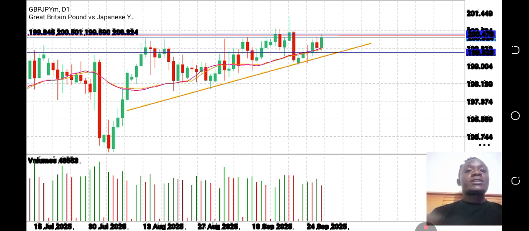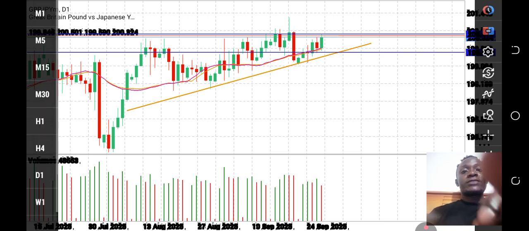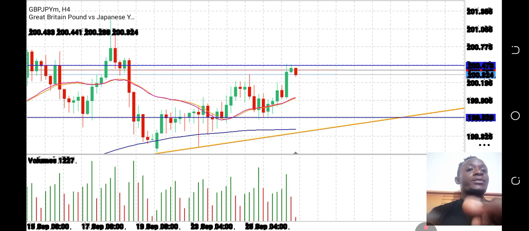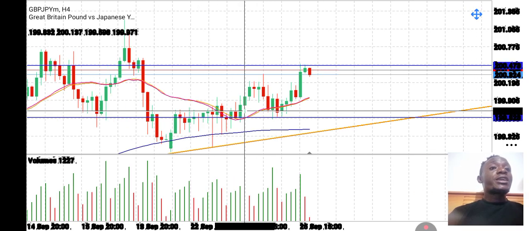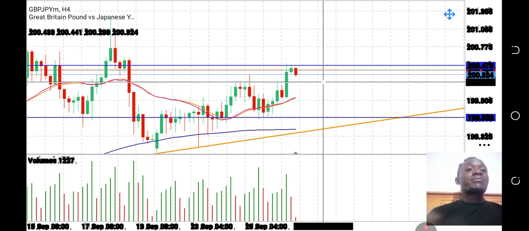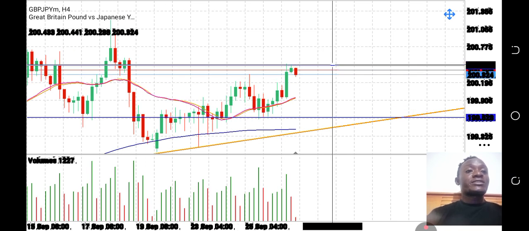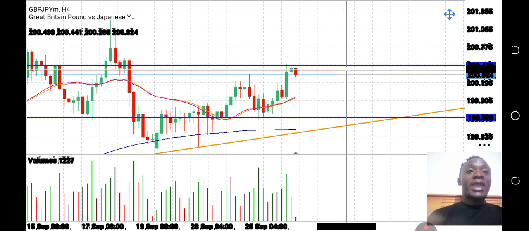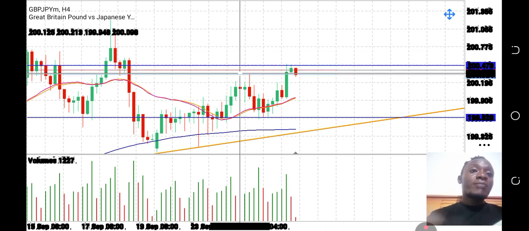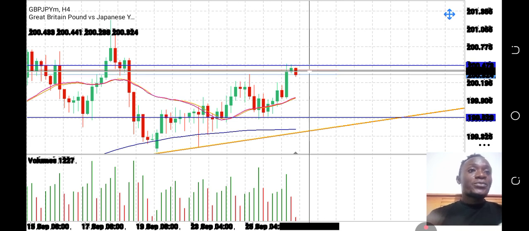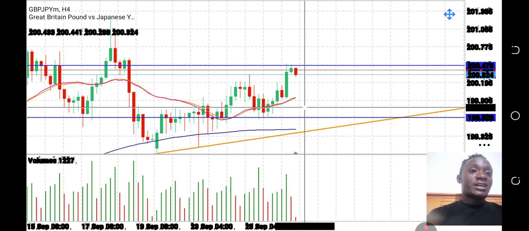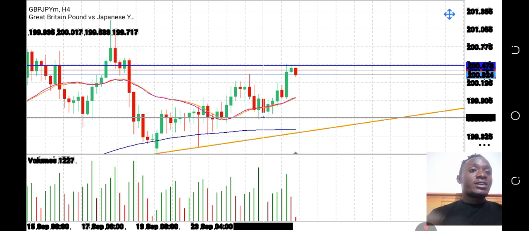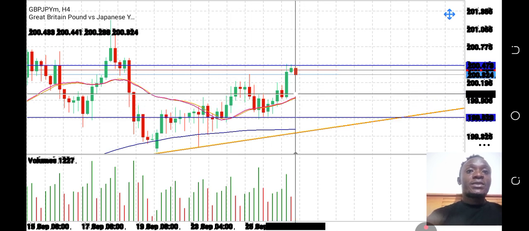So let's now narrow down to the 4-hour time frame. You can see it clearly. Whenever the market passes this resistance zone going upwards, we wait for the market to retrace either to this previous resistance zone or to this demand area right here.